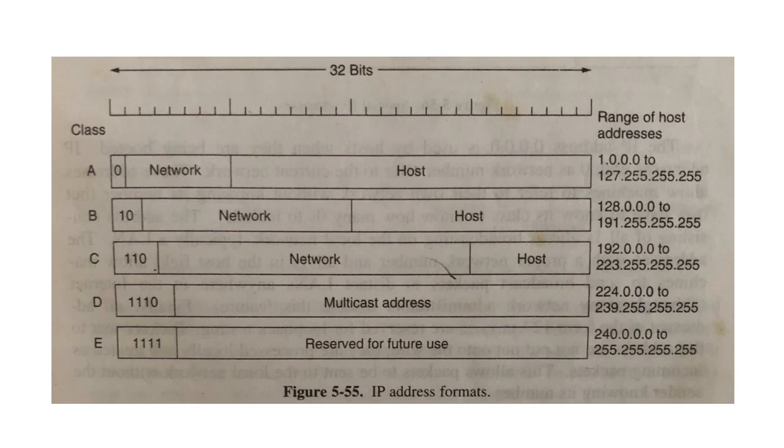Similarly in multicast, we deliver the same copy of a packet to multiple destinations. For that purpose we use the class D IP address. Class E is not used regularly, so we frequently use class A, class B and class C IP addresses.